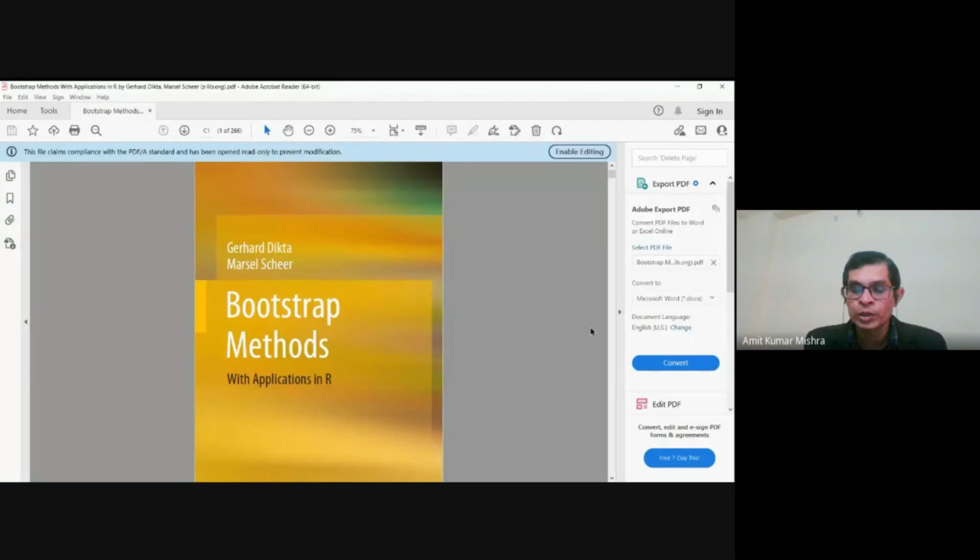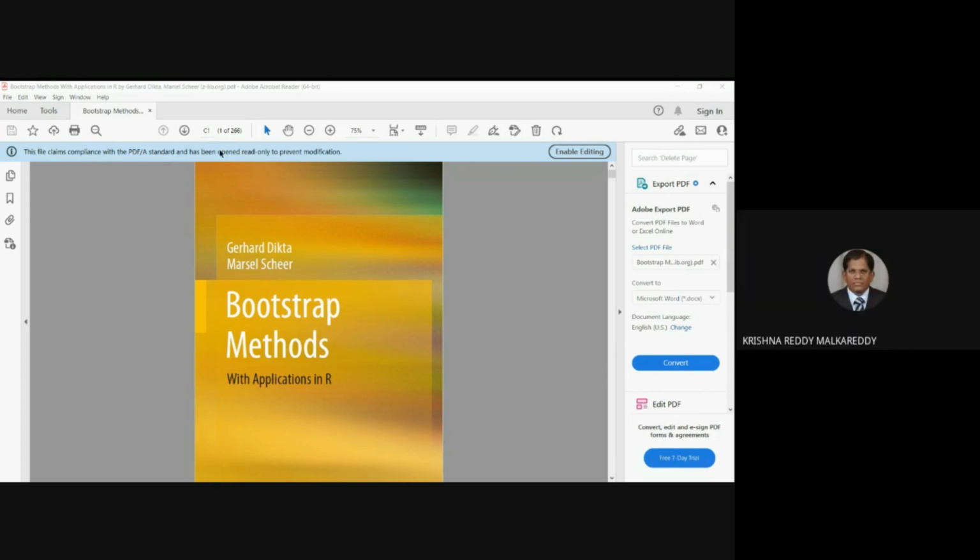Efron and Tibshirani, I know that book. No. If you want to see all the theory behind it, this is a very good book for theoretical aspects. That means how bootstrap is actually working, what the mathematical intricacies behind it are. It is with applications in R, right?